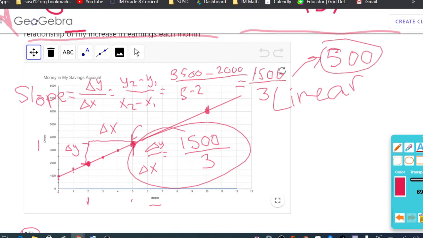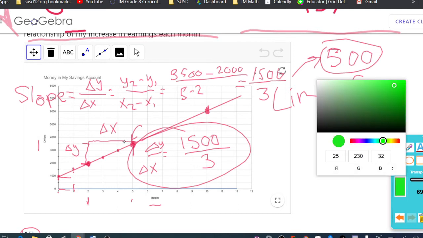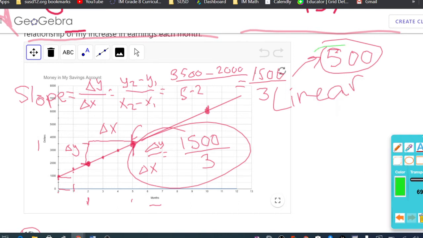It means every time we go over 1 month, we go up 500. So look here. Hold on, I'll change colors to show this. Let me represent the slope of the line, which is 500. And remember, that's the same as 500 over 1. That's going to be helpful. Every time we go over 1 month, we go up 500.